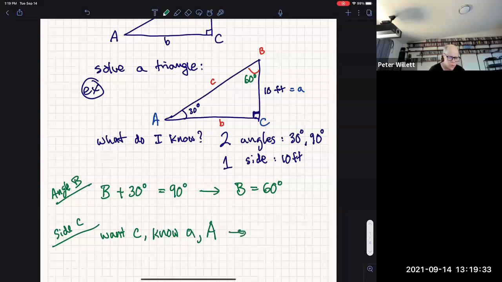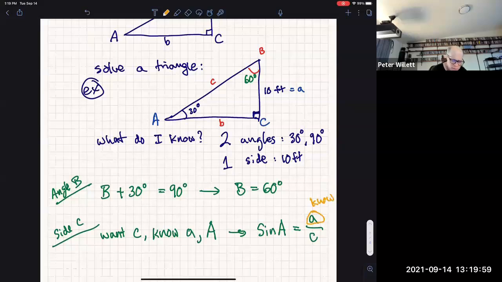So from this, we relate to the fact that sine of angle A is equal to the opposite, which is side A, divided by the hypotenuse, which is side C. And the reason this helps us is because this we know.